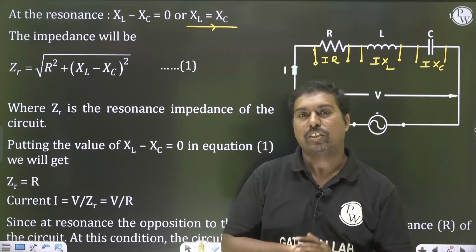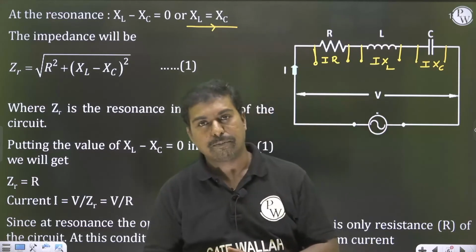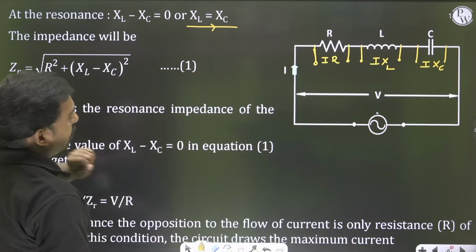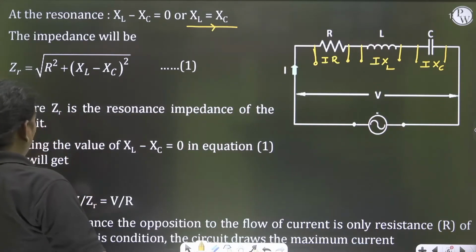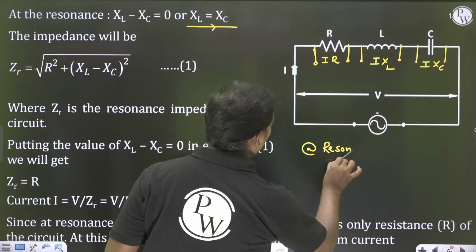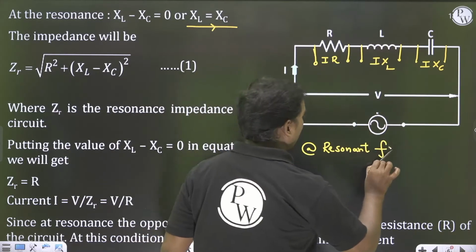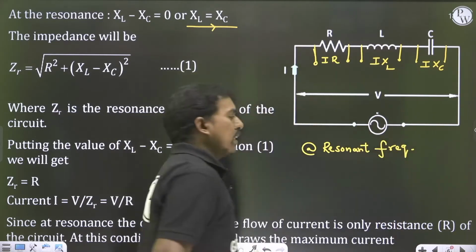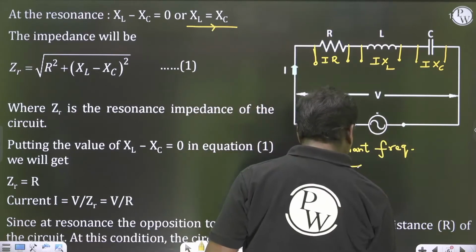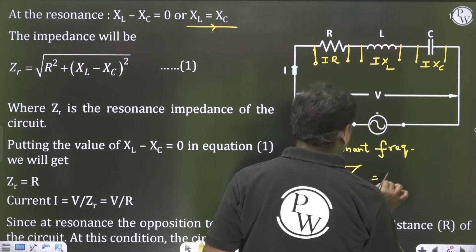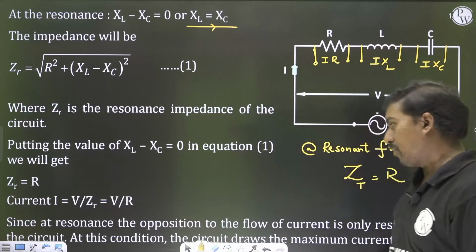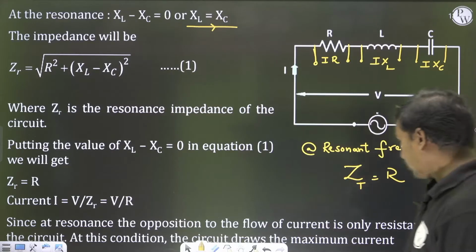But when it comes to the resistive circuit, the voltage and the current are in phase with each other. The net impedance of this circuit is equal to R. This happens not in all situations, but at a particular frequency called the resonant frequency, where the total impedance of the circuit becomes resistive because XL and XC cancel.